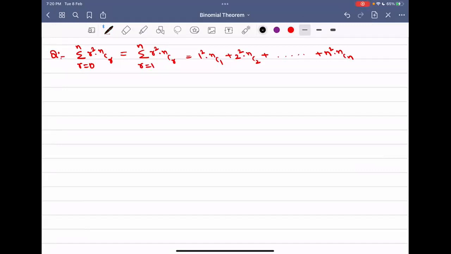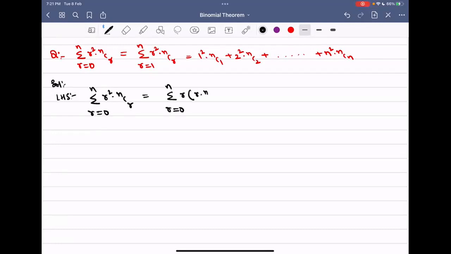So first you take LHS. Solution. So you take this LHS, that is sigma r equals 0 to n of r square into nCr. Now what you do is you write r square as r into r.